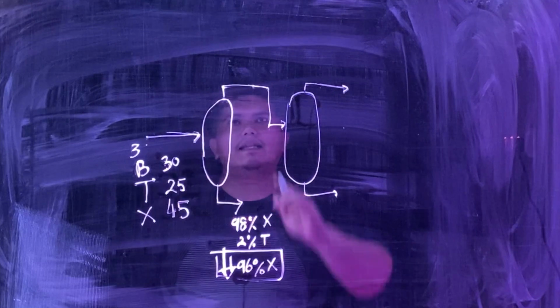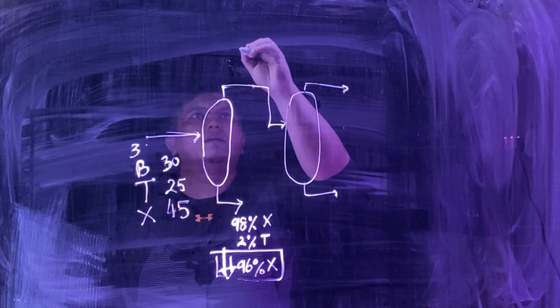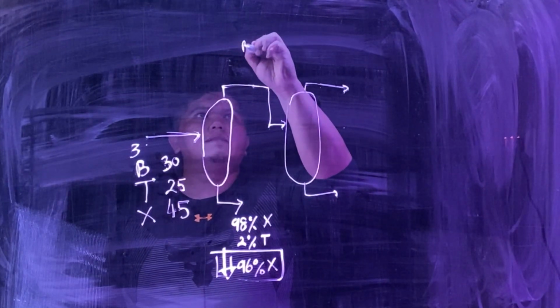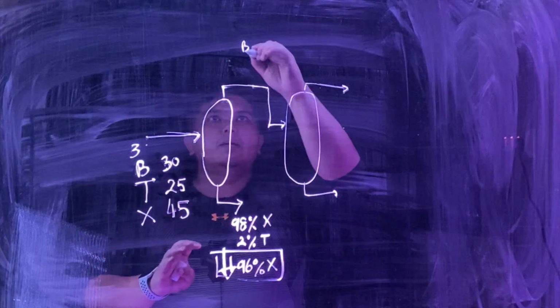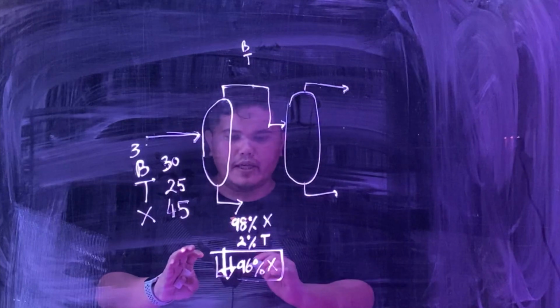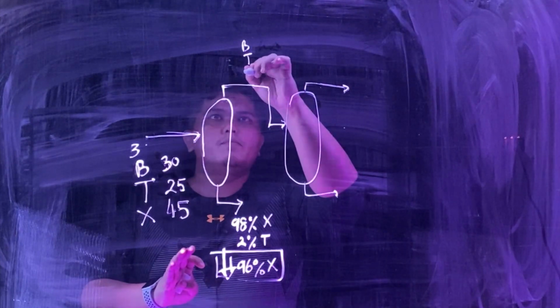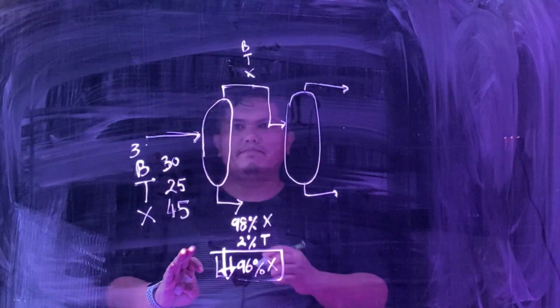So we can see that at the top product we have benzene, which is not going to the bottom product in the first column. We have toluene, and then we have a small amount of xylene here.